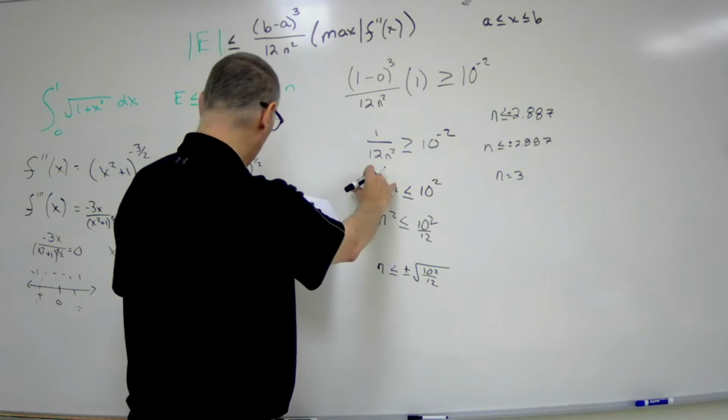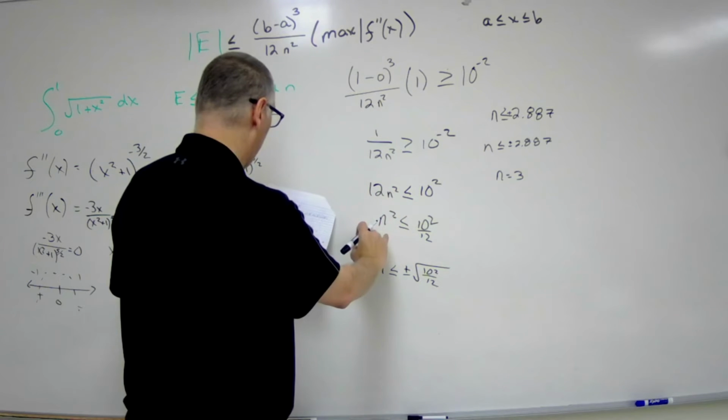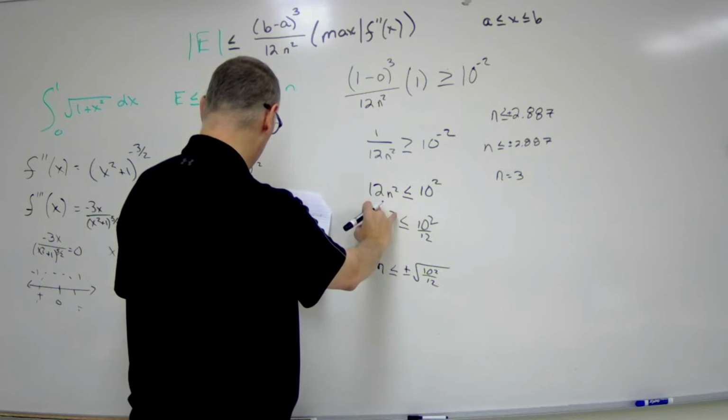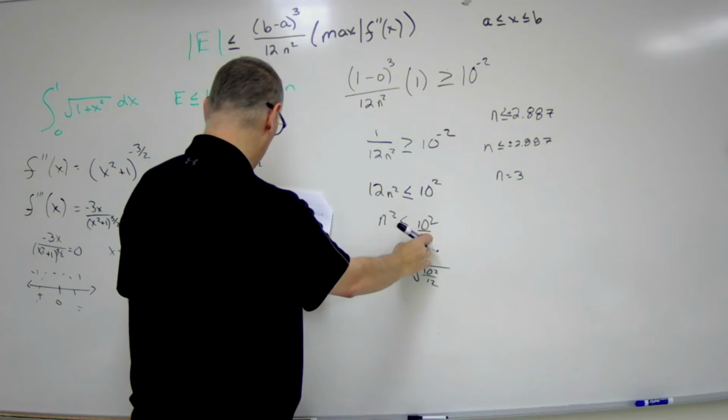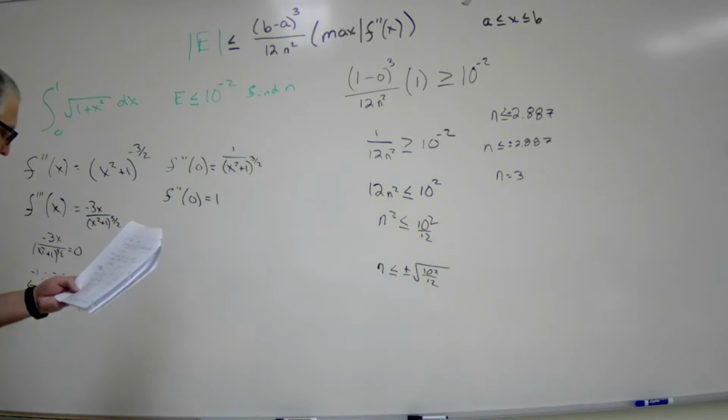So this is still good. Then I flip, I have this, 100 over 12. For some reason I switched the inequality on my paper. I don't know why, but I switched the inequality on my paper.